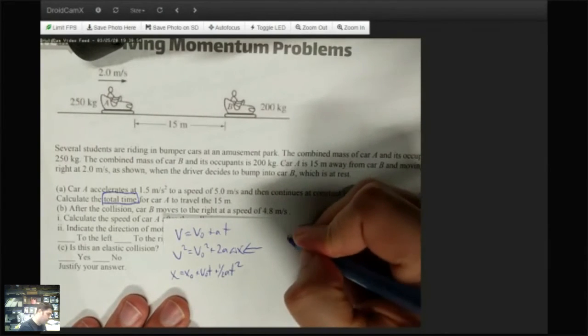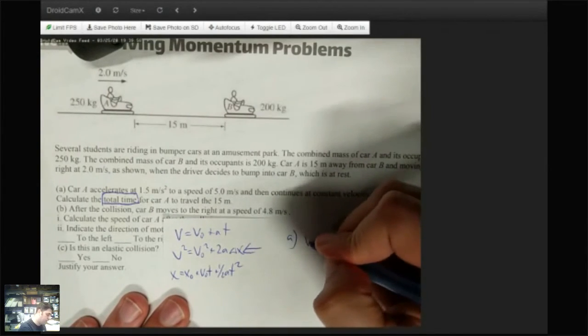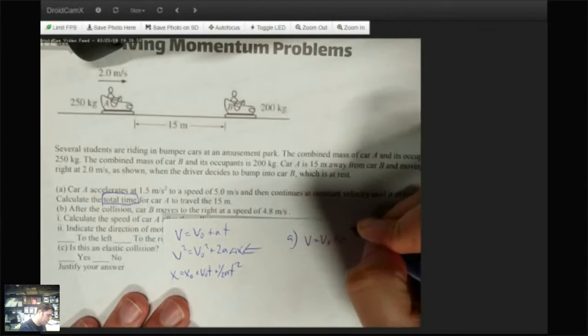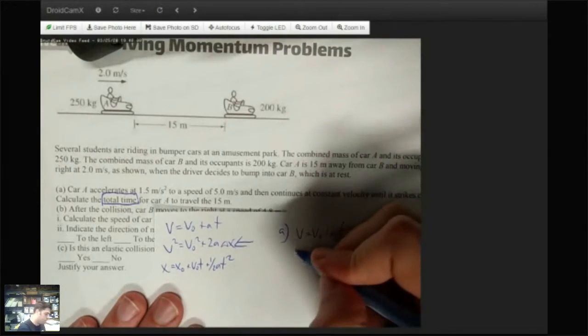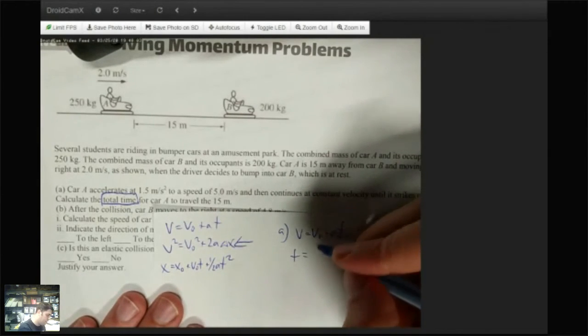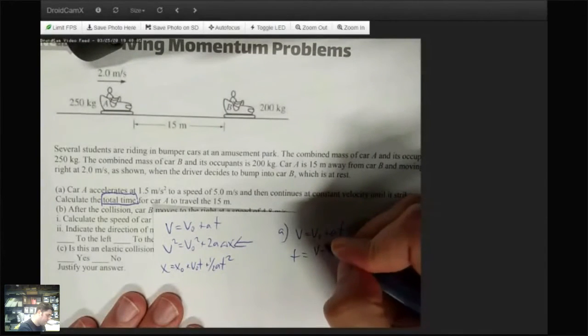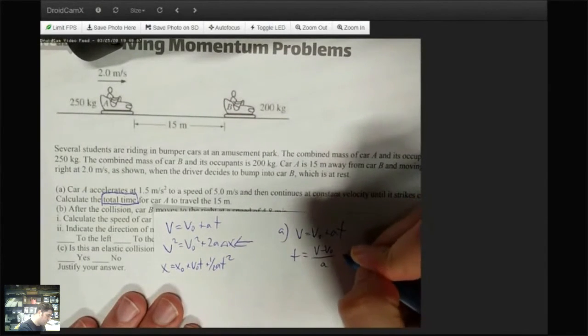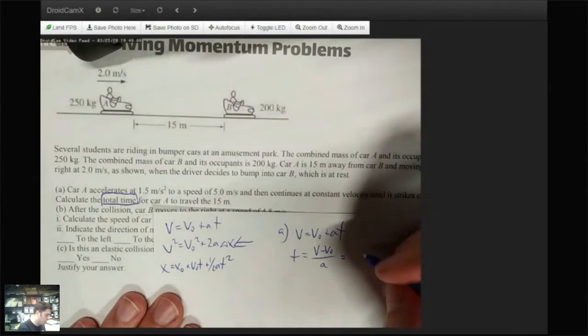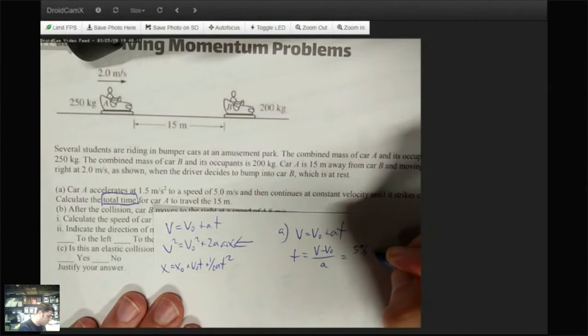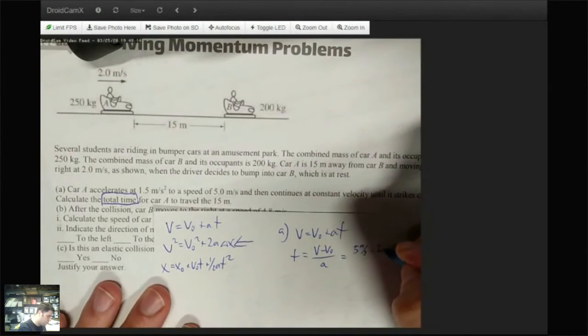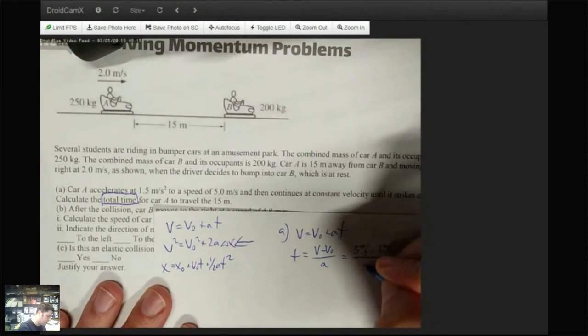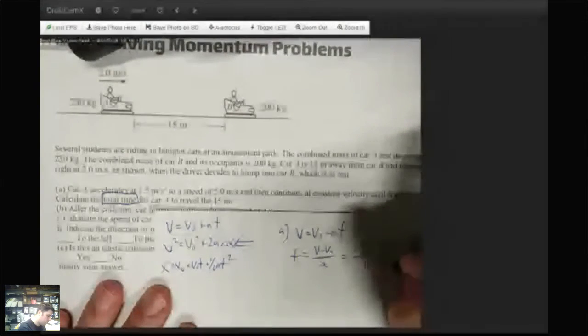So if I'm looking at part A here, I'm going to start with V equals V naught plus AT. T is going to be, subtract, divide, V minus V naught over A. So this is 5 meters per second minus 2 meters per second over 1.5 meters per second squared.